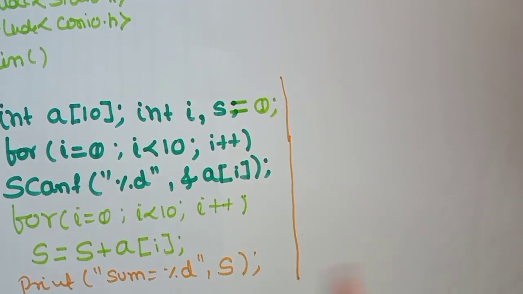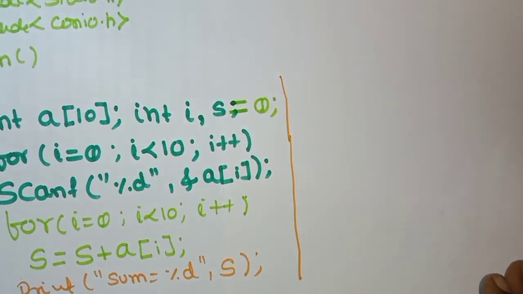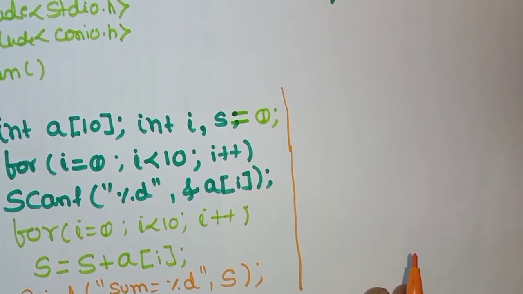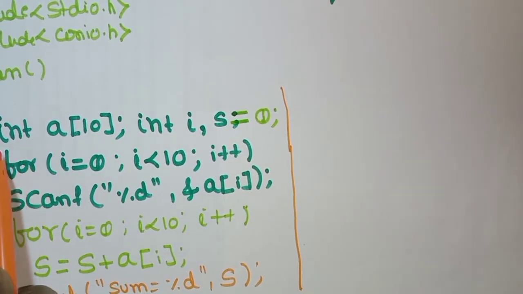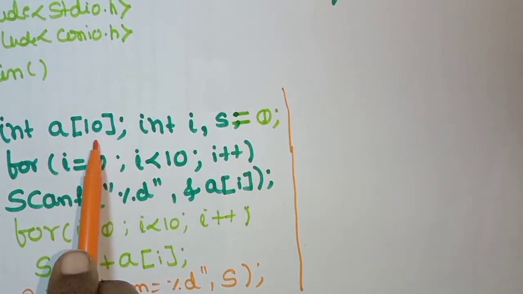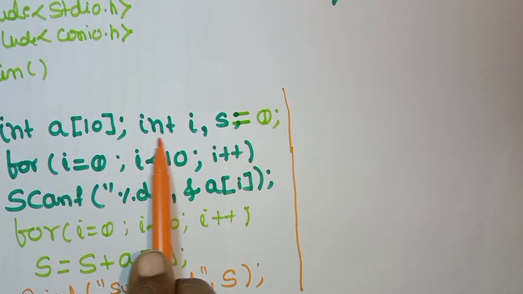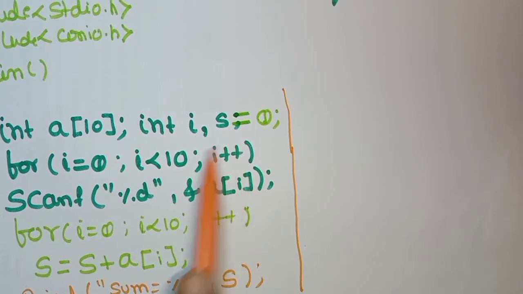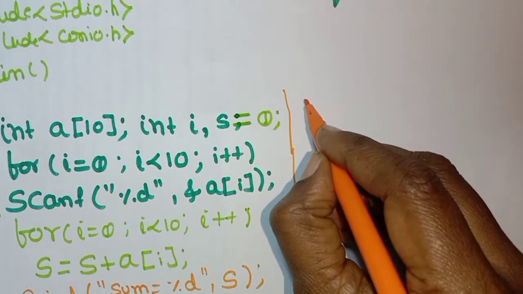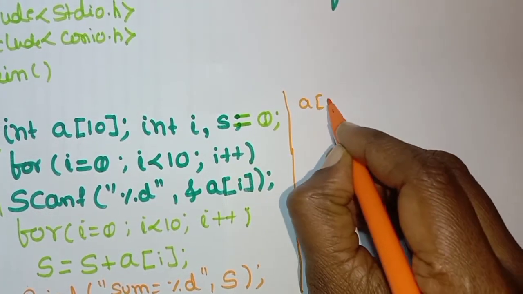Okay, I will show you what process is going on in the system, how it is going to add. Till now I think all of us know this. When you have declared a of 10, why do we have to declare i and s, and it is going to read. So what happens here for a of 0?